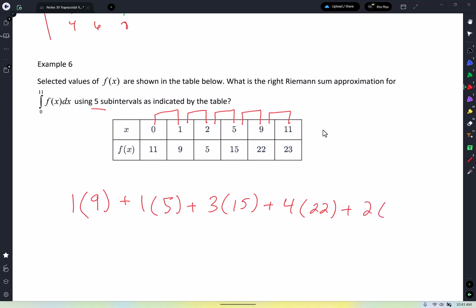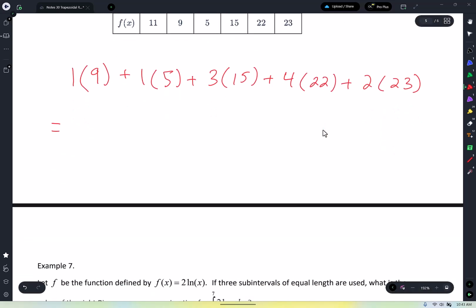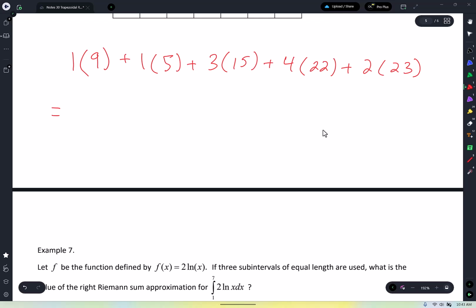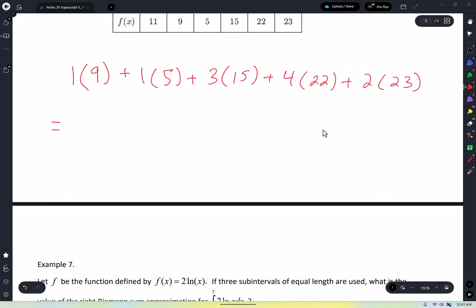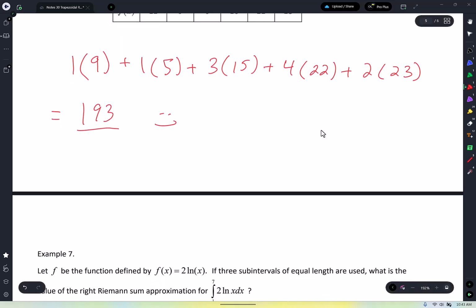Yes, 2 times. All right, add them up. 193. Yeah, that looks about right.